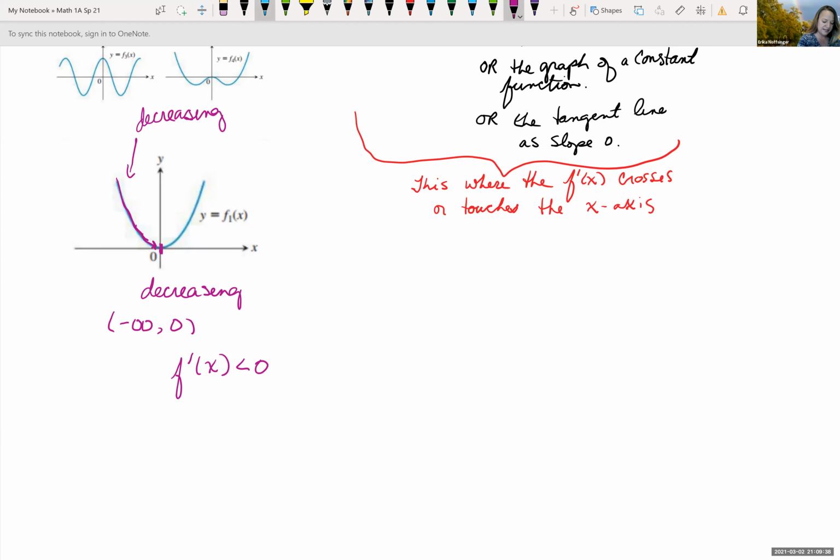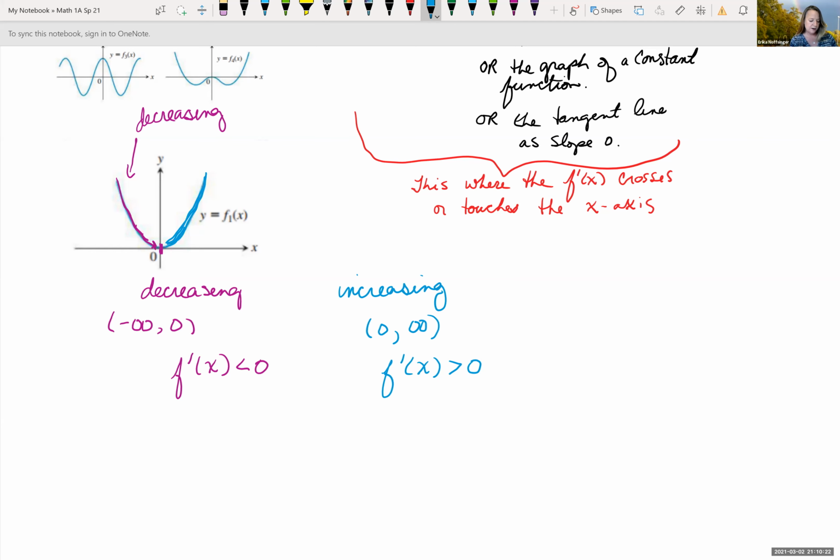And then if I look at where it is increasing, going up from left to right, it's from 0 to infinity. And that means my slope is positive, so f prime of x is greater than 0. So I need to look for a picture of a derivative where my graph is strictly below the x-axis from negative infinity to 0 and above the x-axis from 0 to infinity.